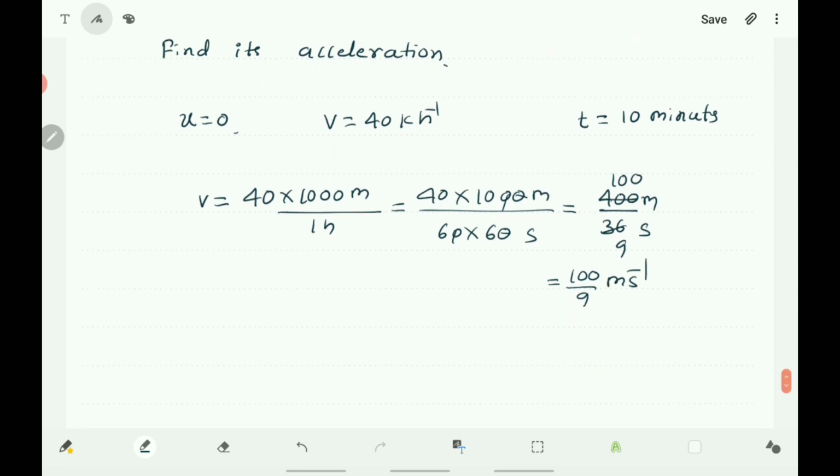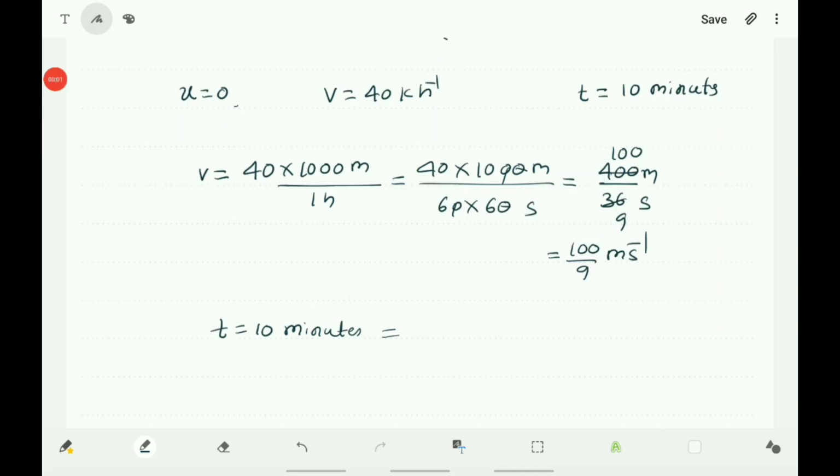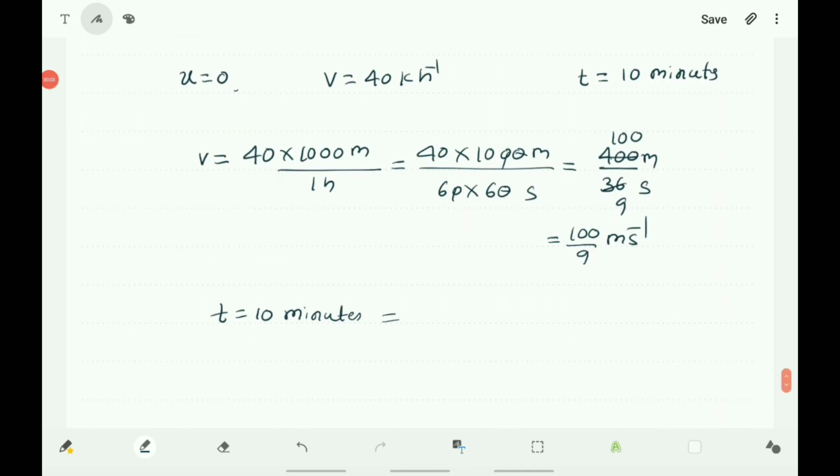And here t equals 10 minutes. Again you convert that into seconds. So t equals 10 minutes, that is 60 into 10 seconds, so it is 600 seconds.